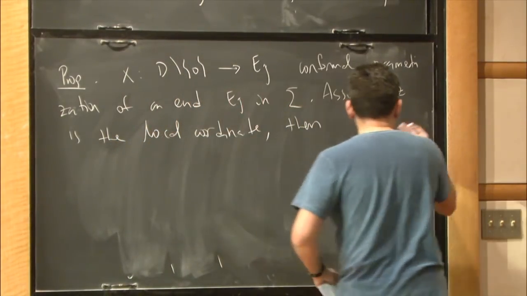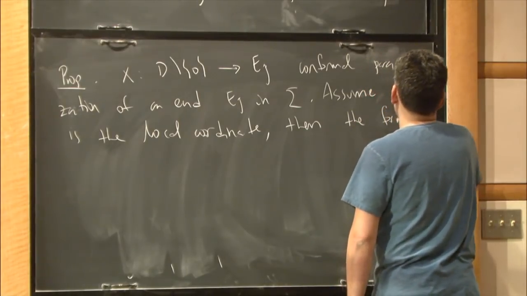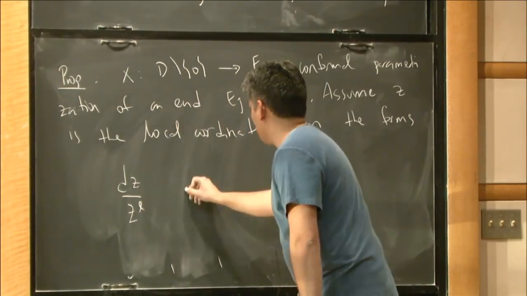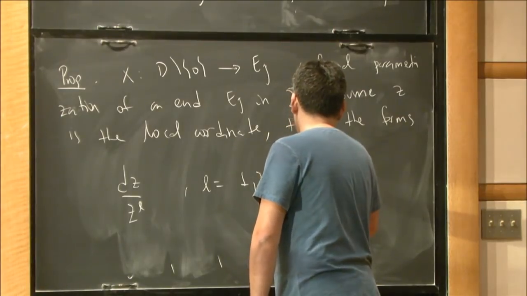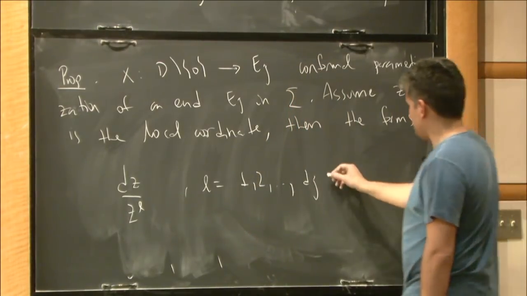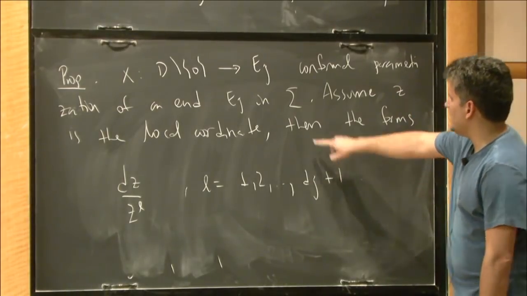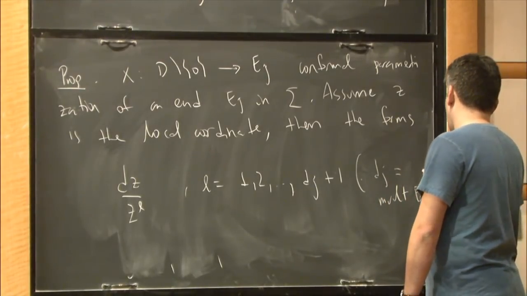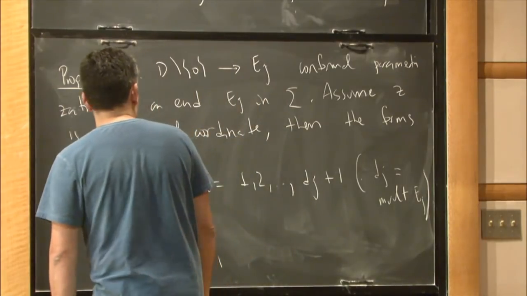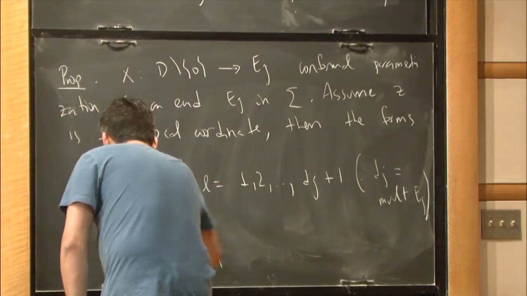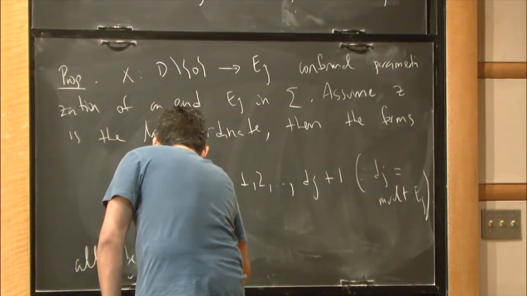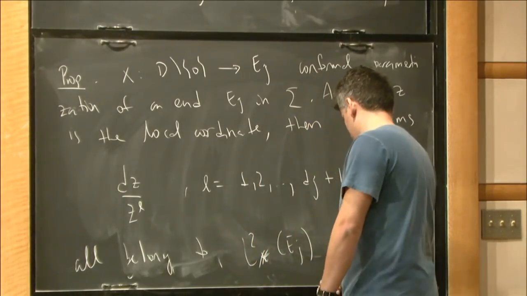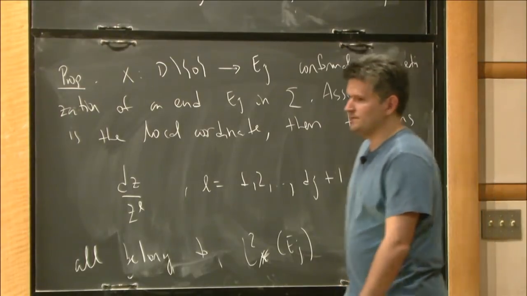Then the forms dz over z to the l, for l equal 1, 2, up to dj plus 1, where dj is the multiplicity of this end ej, all belong to L2 star of ej.